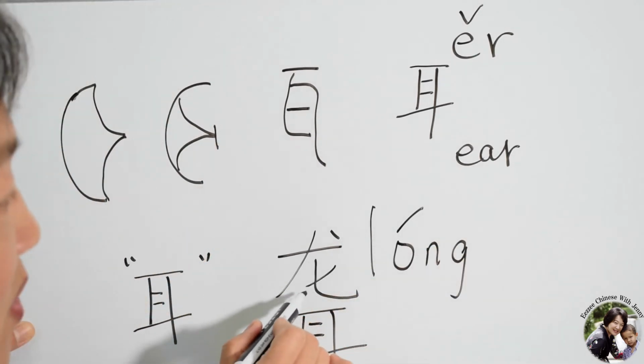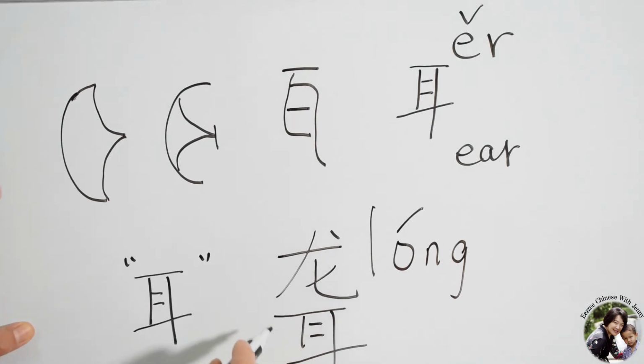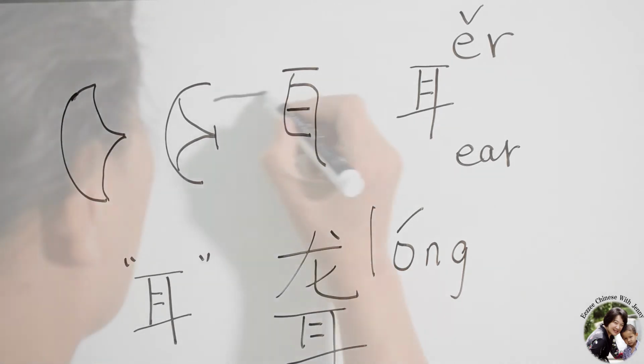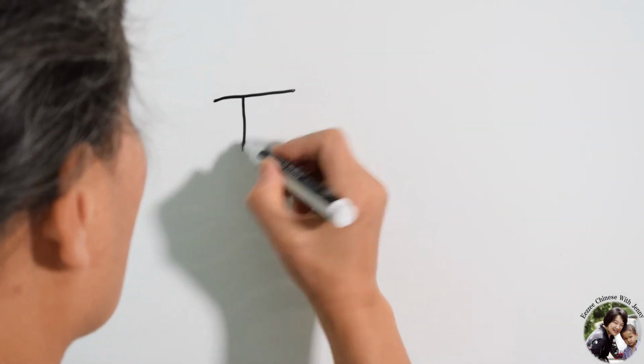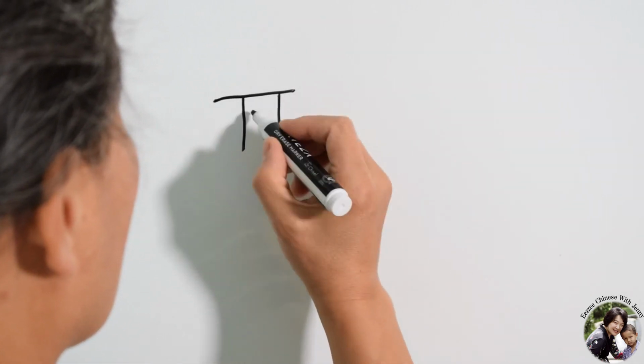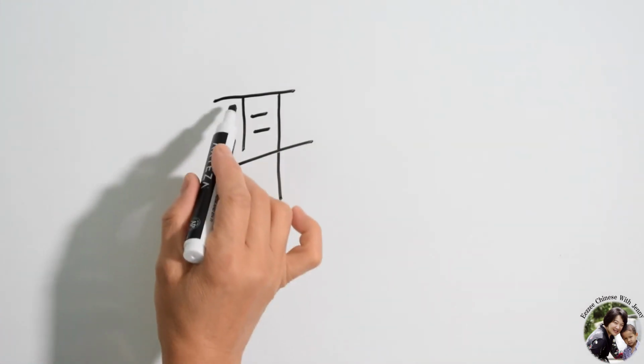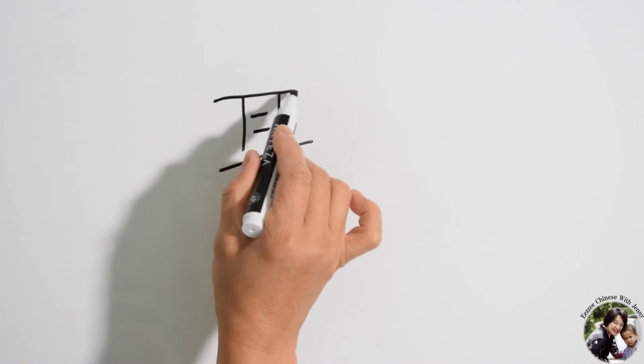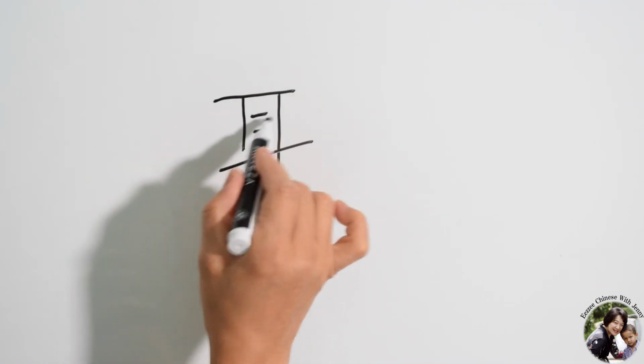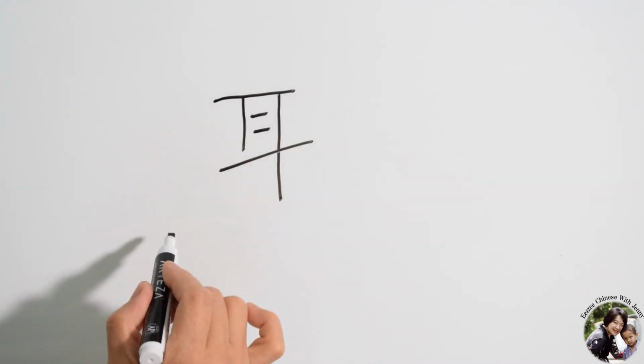Same pronunciation as dragon. However, the meaning is now deaf. You cannot hear it. Deaf. 横竖竖横横横. Look, with all these strokes, stick out and inside like this.